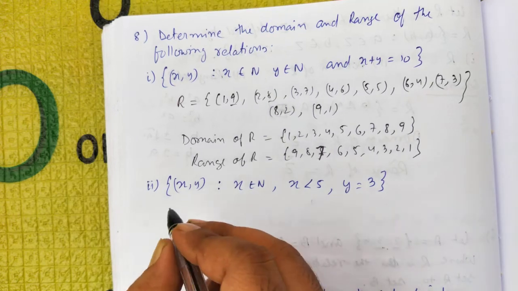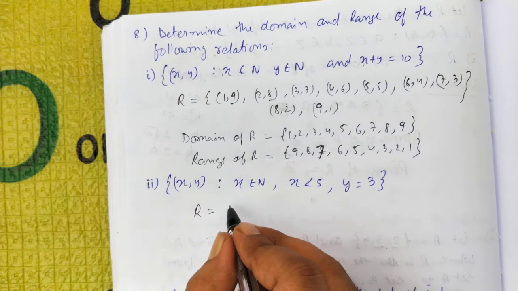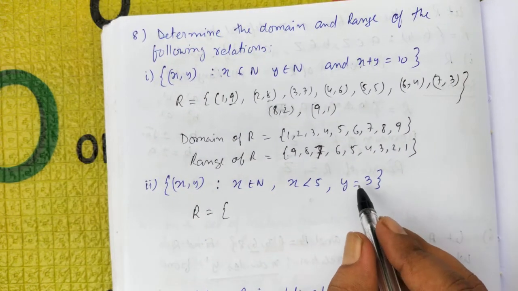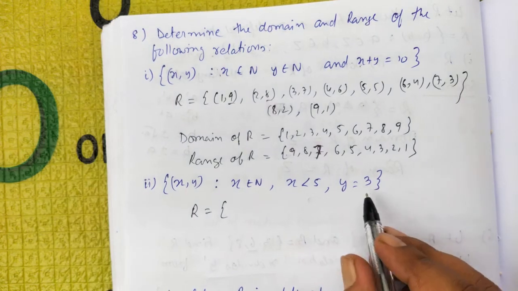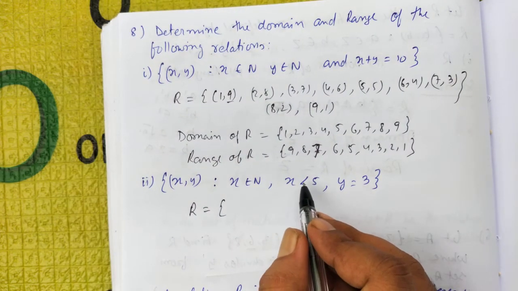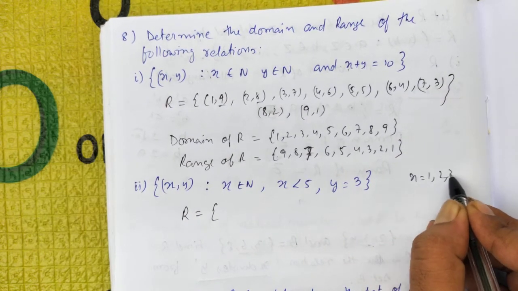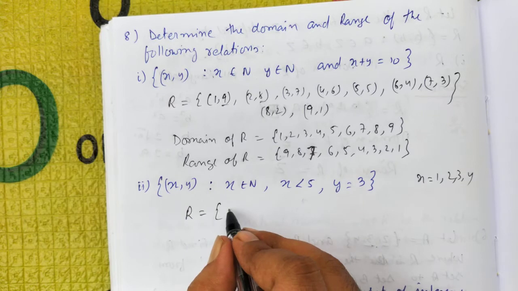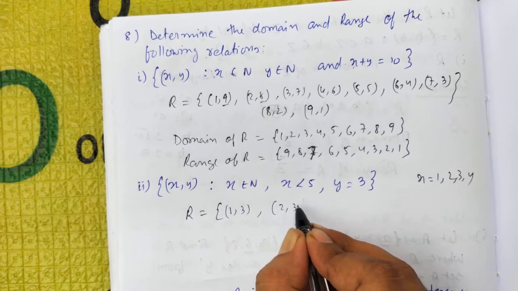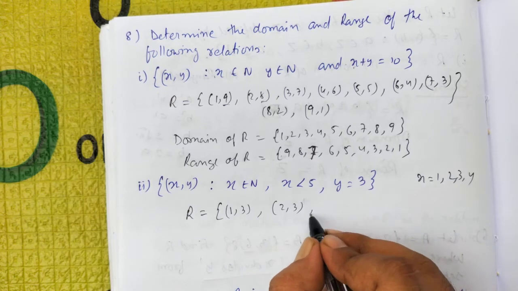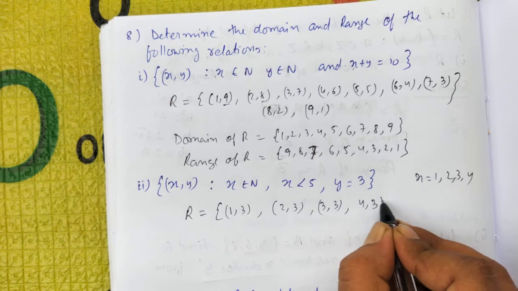First find the relation. y must always be 3, whatever may be the value of x, but x value is from 1, 2, 3, 4, less than 5. So if x is 1, y is 3. If x is 2, y will be 3 because y is always 3. If x is 3, y is 3. If x is 4, y is 3.